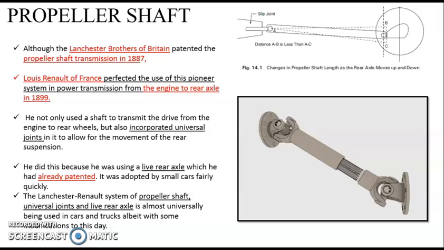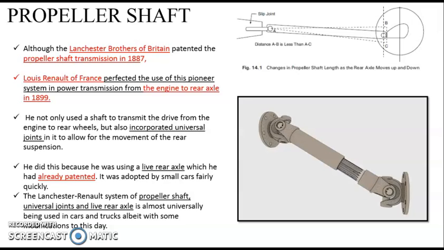We can observe that from 1887 to 1899, this much time went into the development of this propeller shaft.